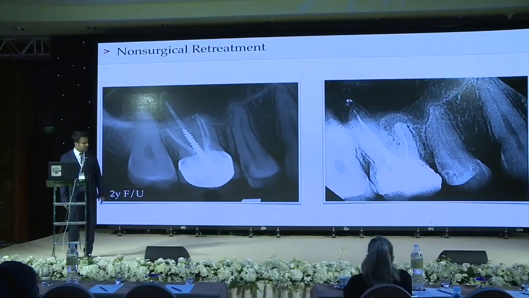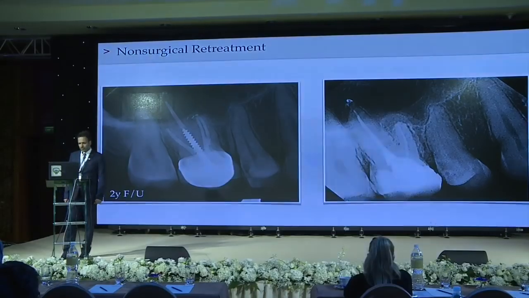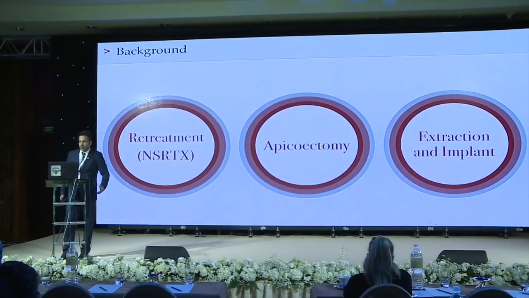And you can see the difference between the right and left radiographs. But not every case is a happy case. Sometimes we can't get to the length, and sometimes we block ourselves, and sometimes the lesions do not heal. So we have to think of other options.